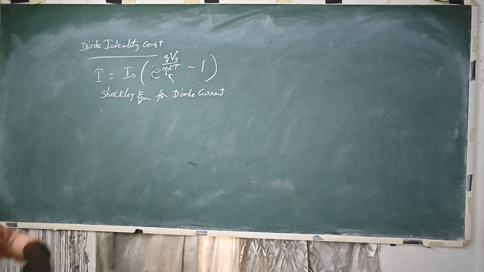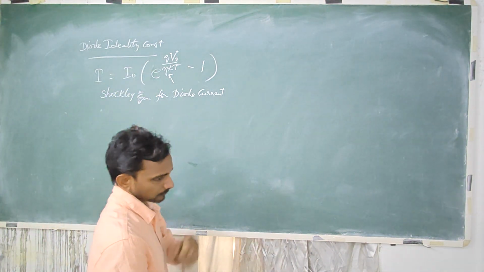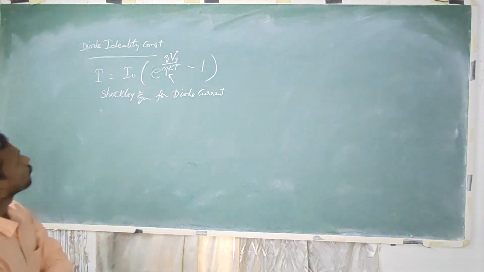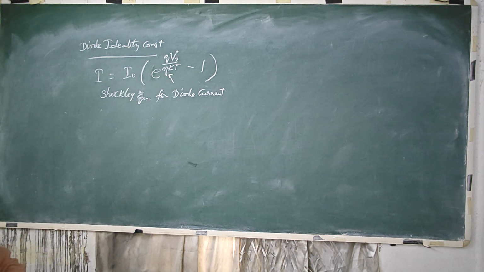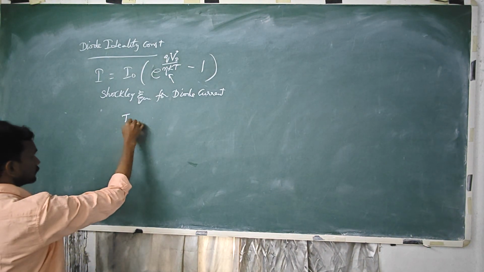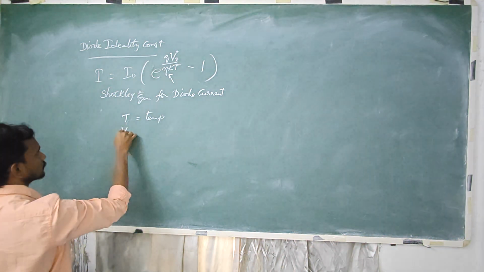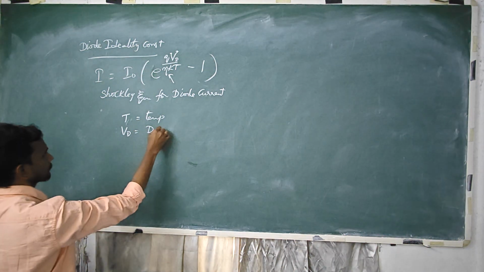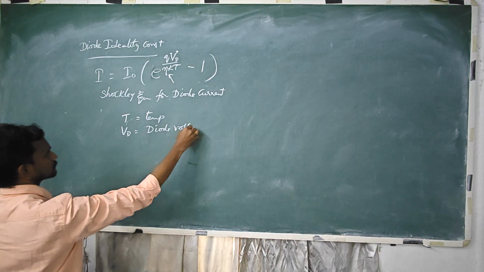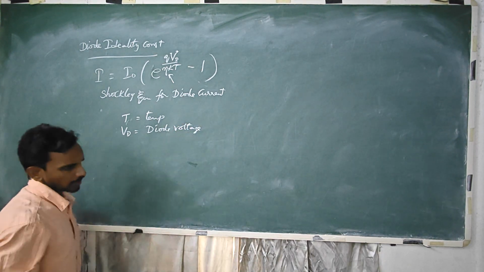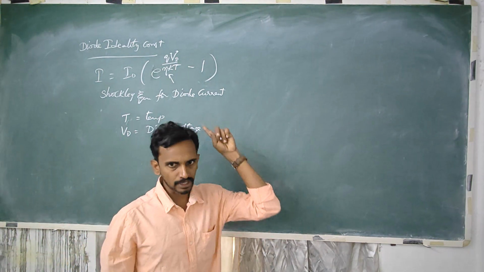So now we need to fetch this value of eta, and what are the variables? Here T can be a variable. So to measure the band gap, we have varied the temperature.